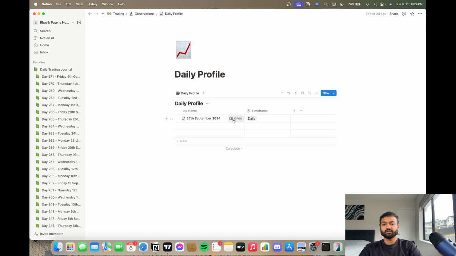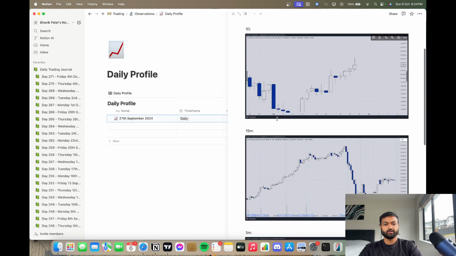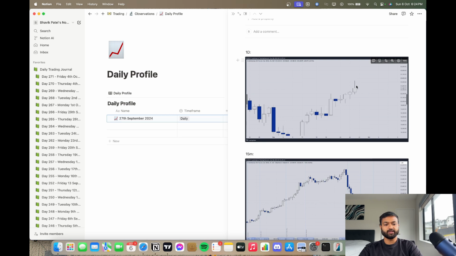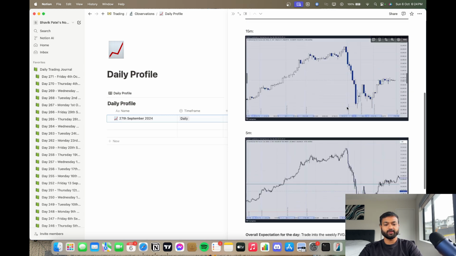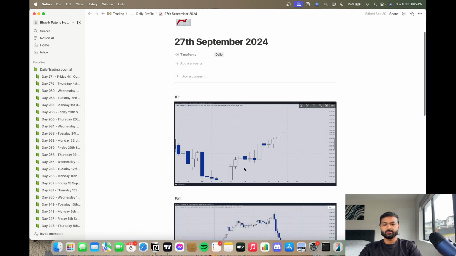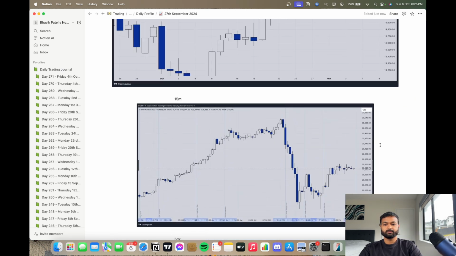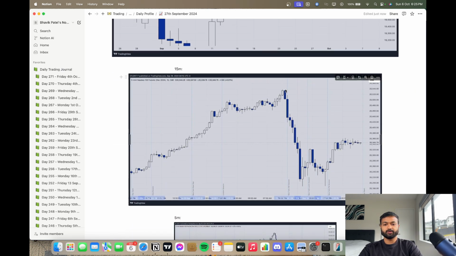Daily profile is still a work in progress. So this is how I want to mark the overall day. You got your daily candlestick, and then you got how each session is formed.